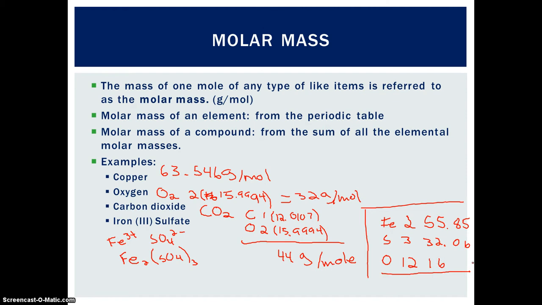So I pull up my calculator and add all of these together. I get 55.85 times 2, plus 32.06 times 3, plus 16 times 12. I get a molar mass of 399 grams per mole.